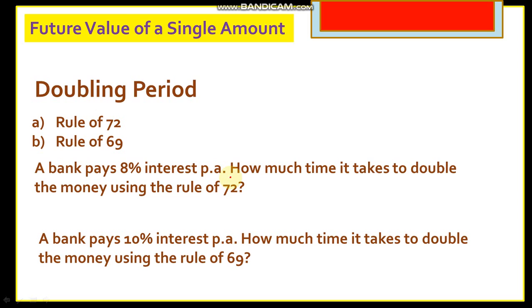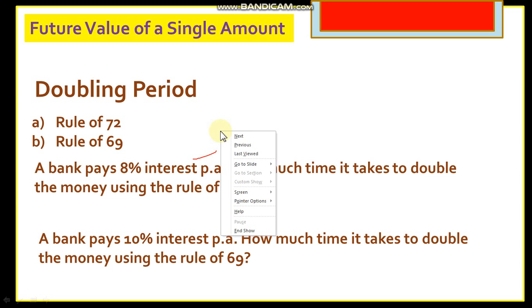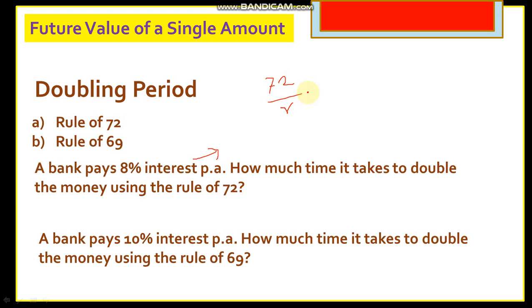So how much time does it take to double your money using the rule of 72? The simple answer will be as follows. It's a rule of thumb, so the answer will not be exact but very near to exact. It is 72 divided by the interest rate, right?